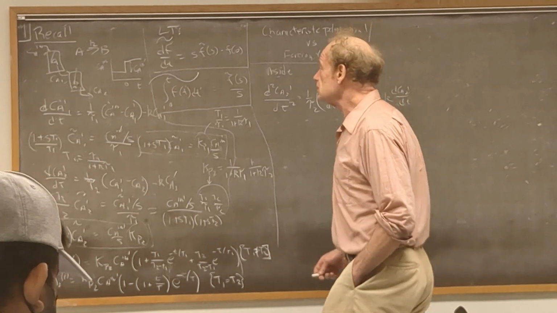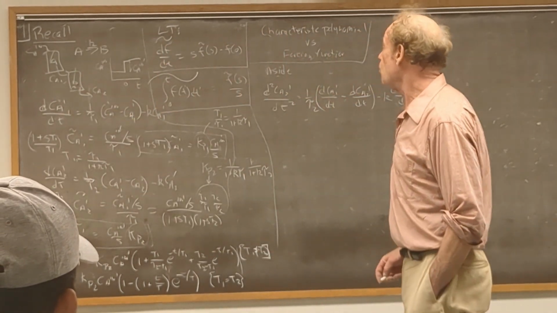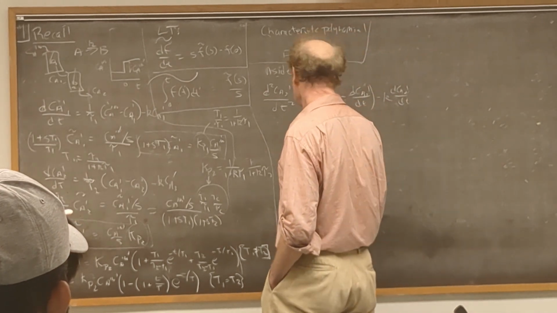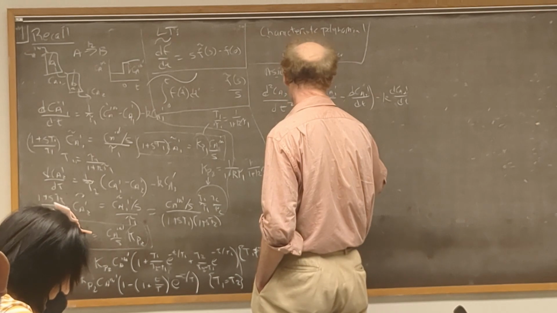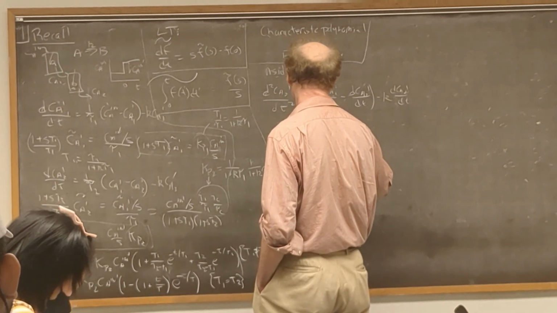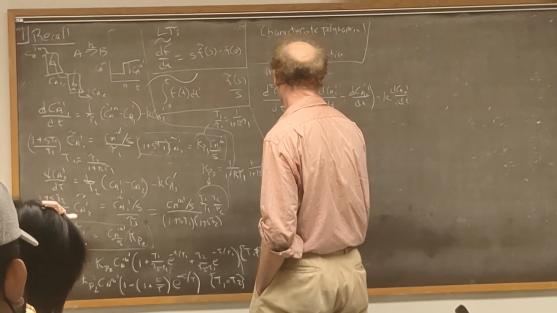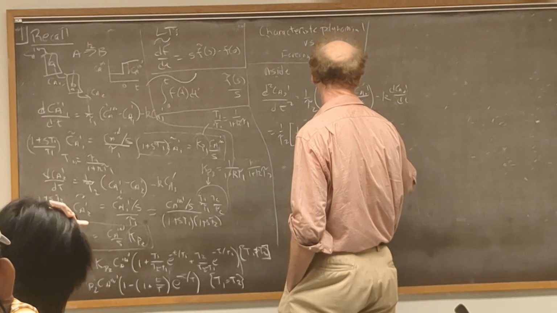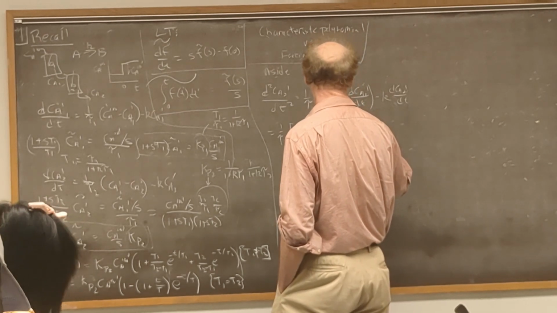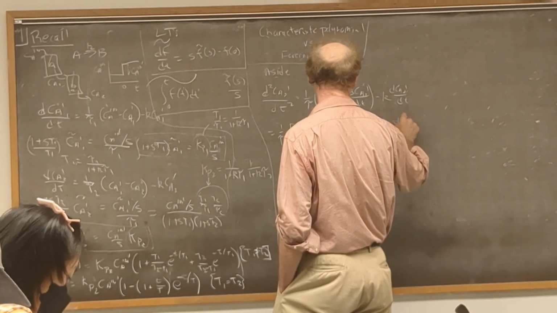Now, because I know dCA1 prime dt, this thing is just 1 over tau 1 CA in prime minus CA1 prime. And this is minus dCA2 prime dt. And this is minus k dCA2 prime dt.